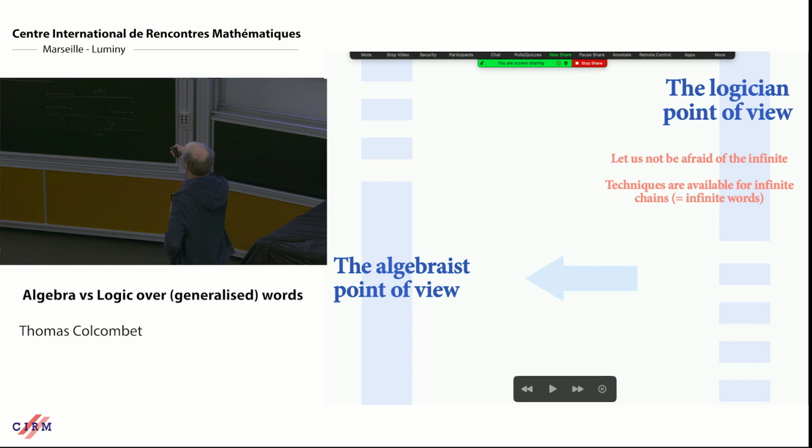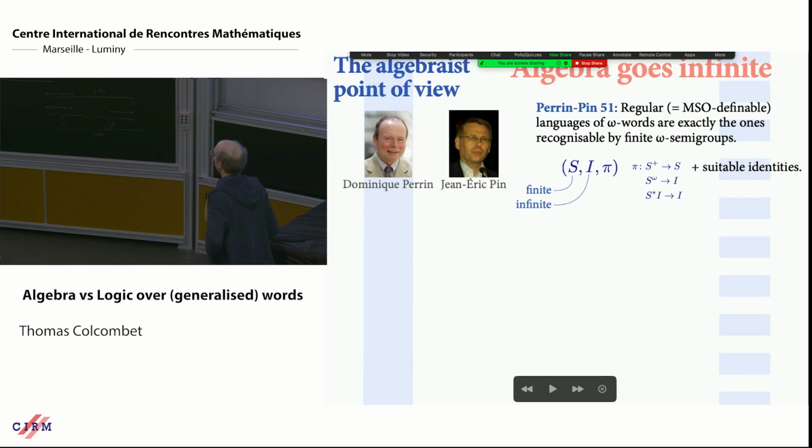So from the point of view of the logician, we should not be afraid to go to the infinite. And well, there are techniques for deciding things. Of course, what is the interplay from the point of view of the algebra branch?